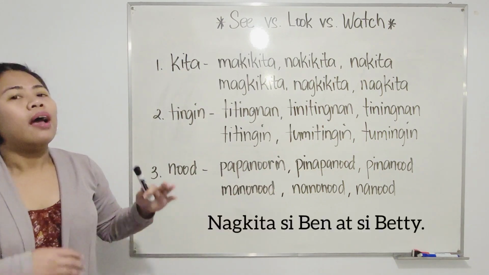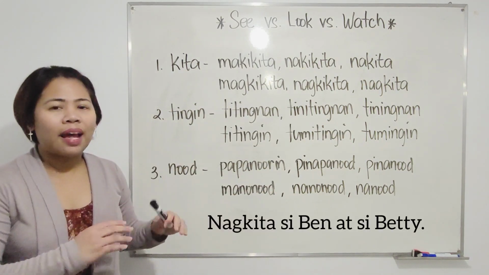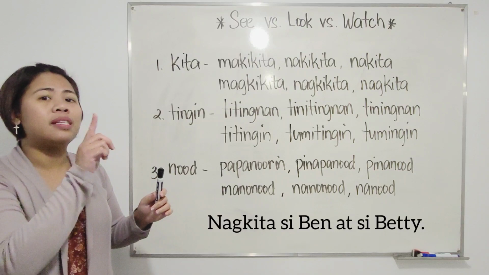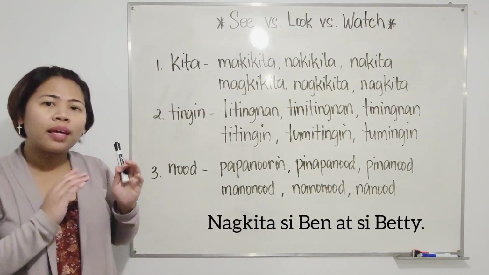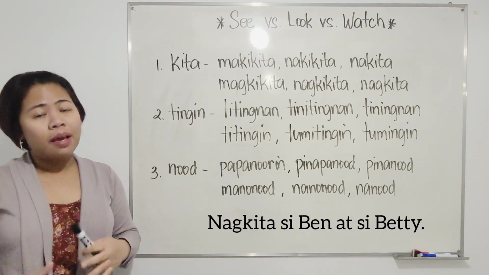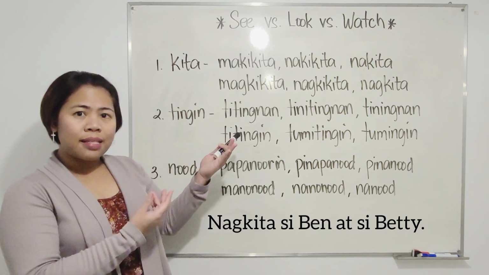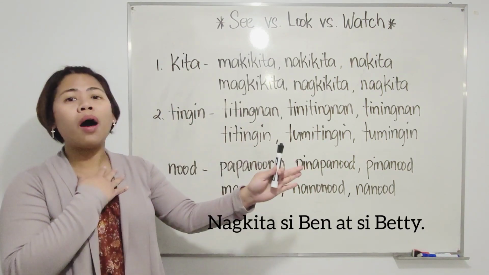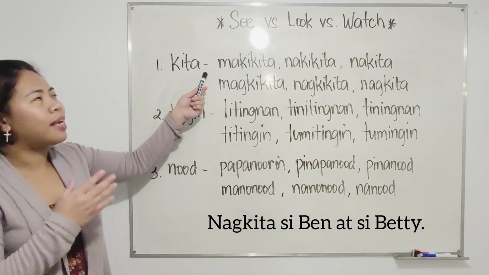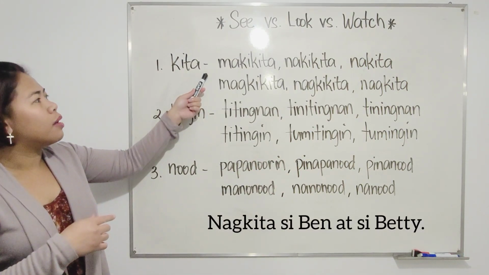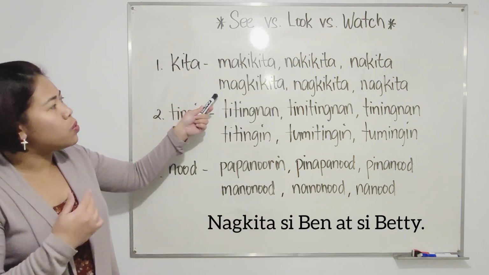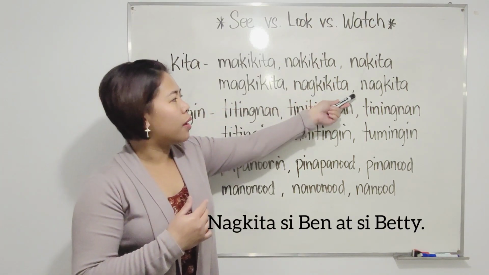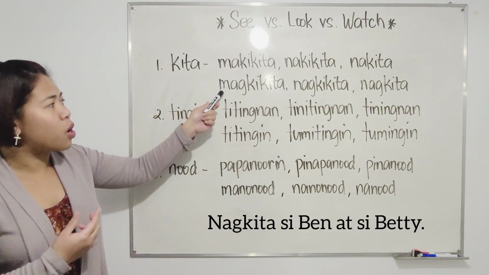So I would say nagkita si Ben at si Betty. So now the focus, the si, comes before the names Ben and Betty. But the original sentence in English was Ben was the one who saw Betty. That's why I cannot translate it using this particular format or this conjugation.